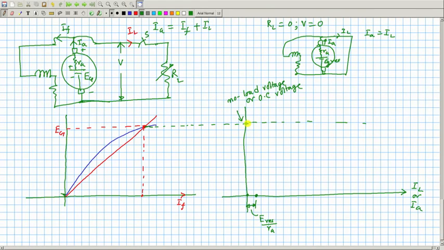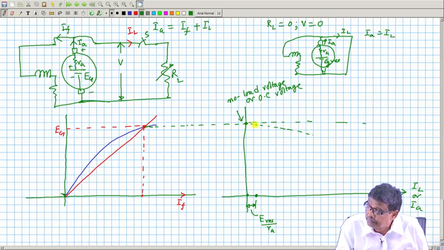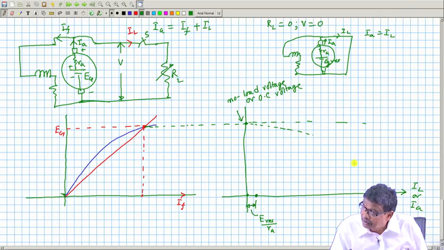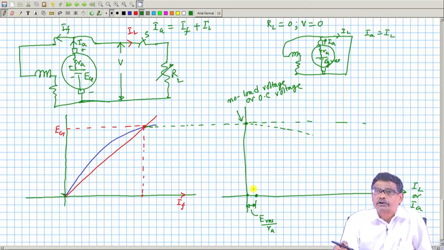Therefore, terminal voltage is expected to fall initially, like your previous separately excited generator. And what will be the reason of this fall? Because of IRA drop, because of brush drop and other things, and because of armature reaction, which of course I have not discussed, it will not take much time to discuss also, but I will come to that later. But terminal voltage will fall. Therefore, these characteristics must have somewhere bent towards this side to reach the final destination when the terminals are shorted.